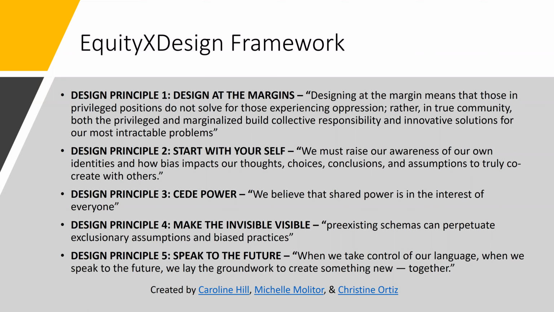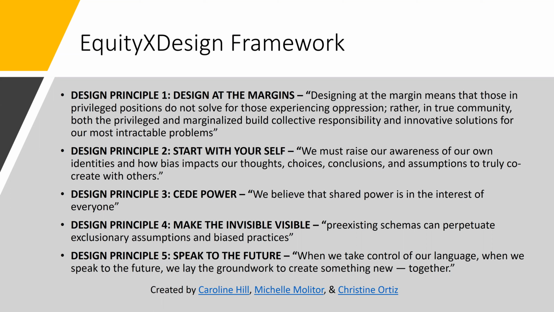And then design principle 3 is seed power. We believe that shared power is in the interest of everyone. So it's not just about the designer creating something, it's about involving your patrons, your students, your faculty, your staff, your alums into the process of creating something.